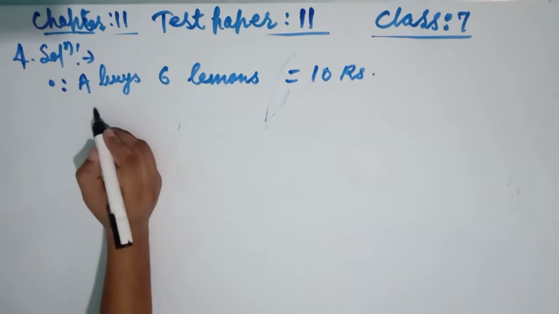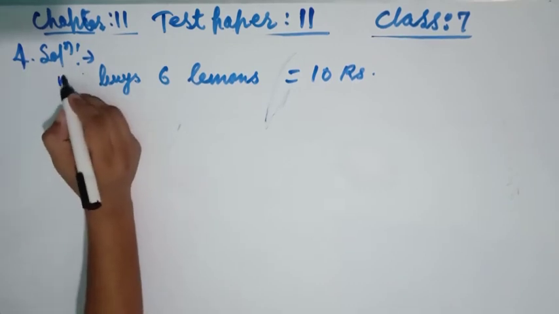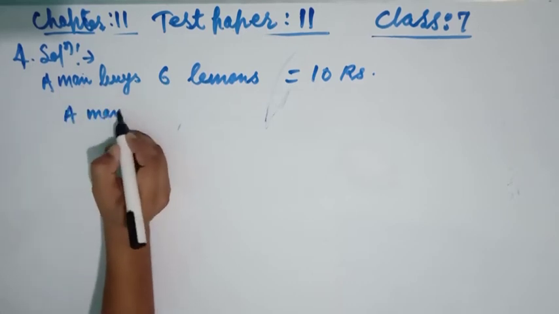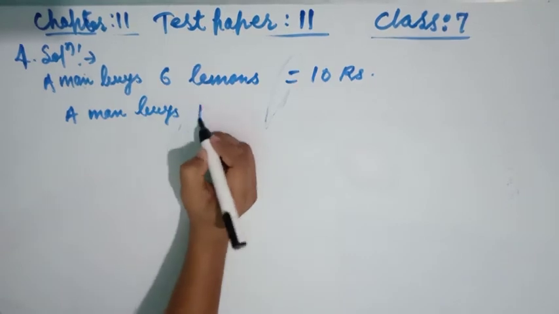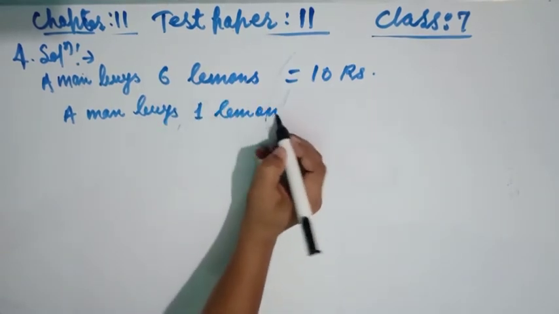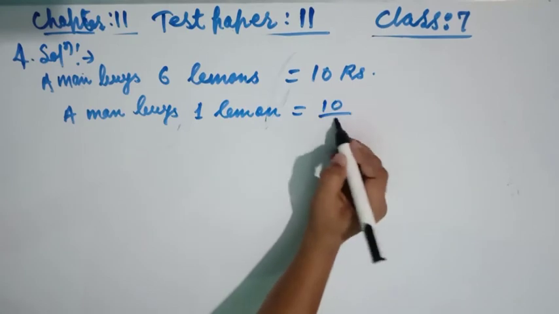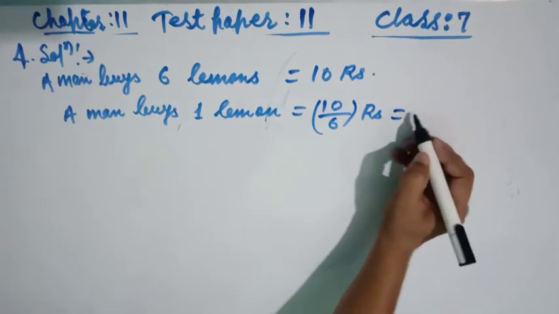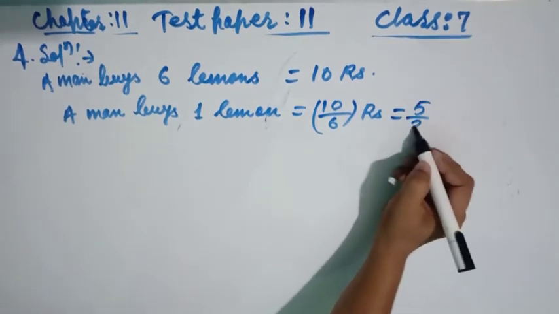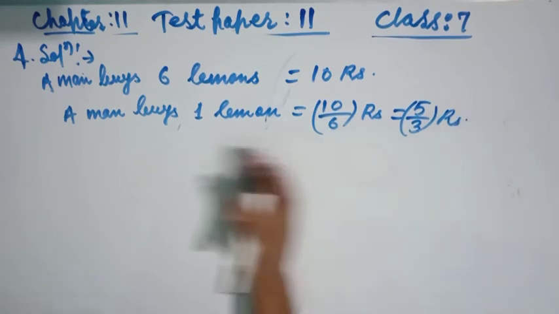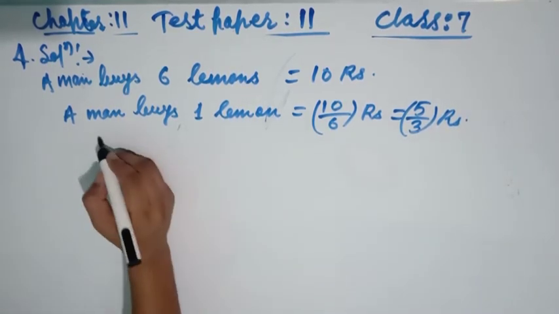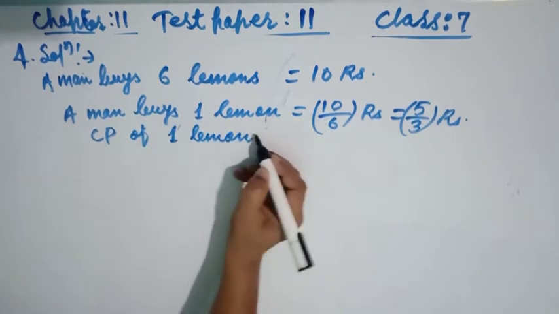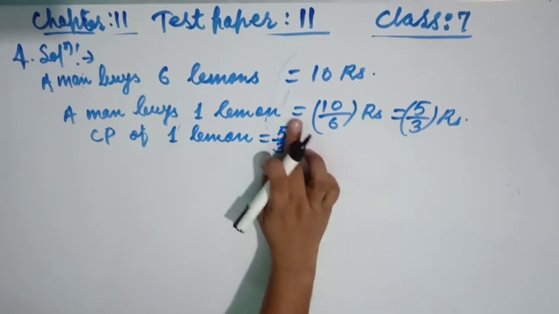So this man buys 1 lemon for 10 by 6 rupees. This can be written as, 2 fives are 10 and 2 threes are 6, so the CP of 1 lemon is 5 by 3 rupees.